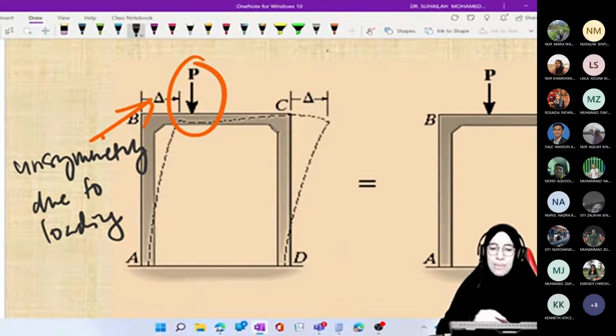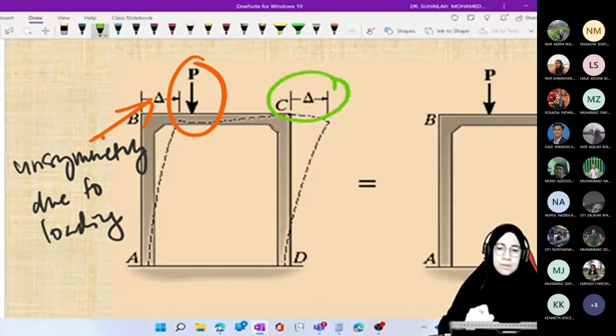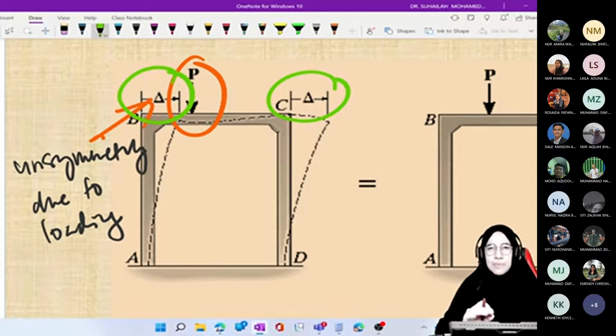We assume that it moves to the right direction, by an amount delta. Delta is a horizontal displacement, because the frame moves sidesway, meaning horizontally. We consider the horizontal displacement. There is a combination of delta and P in one frame.